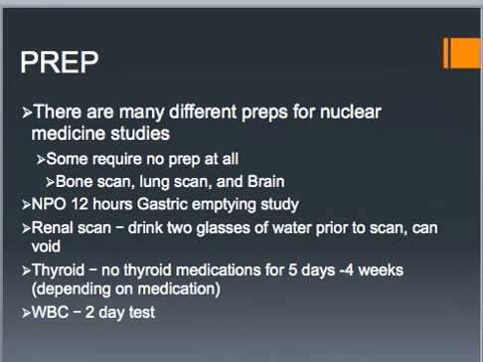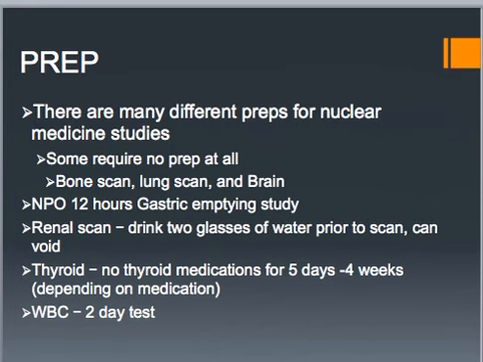The prep for the white blood cell count scan is a little bit different. So the white blood cell scan is used to detect abscesses, infection in soft tissue, or the skeleton, or even if you have a fever and they don't know where it's coming from.